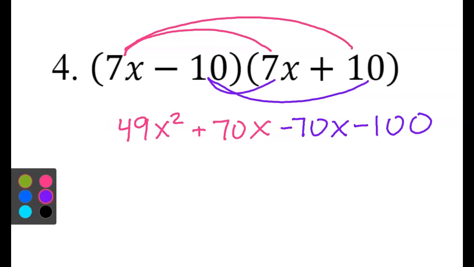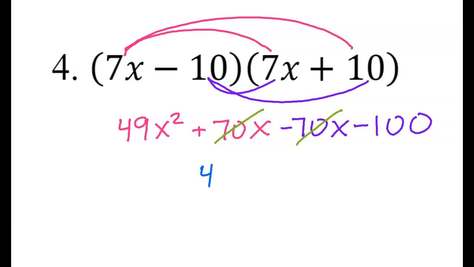Now notice our middle two terms, when we combine them into our b value, positive 70x minus 70x cancel, leaving us with 49x squared minus 100.